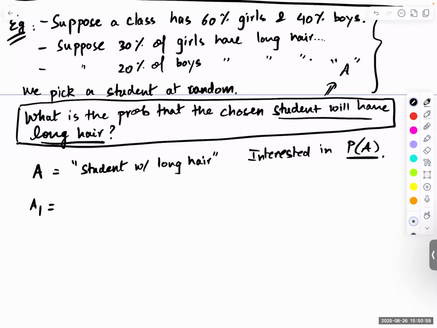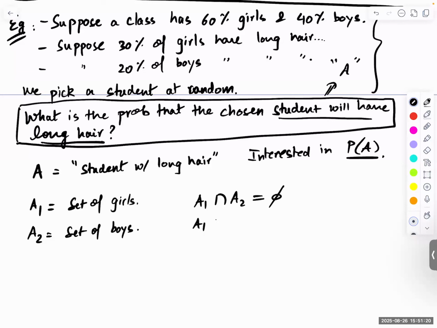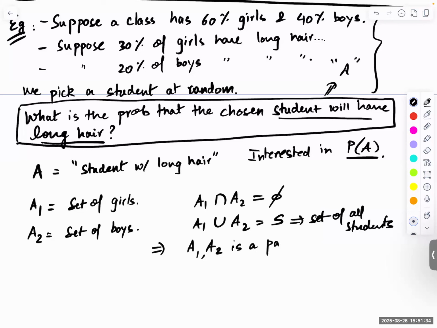Suppose we define A1 as the set of girls, and A2 is the set of boys in the class. Hopefully, it is clear to you that A1 intersection A2 is the empty set, and A1 union A2 is my sample space, which is the set of all students, which means A1 and A2 is a partition of the sample space.